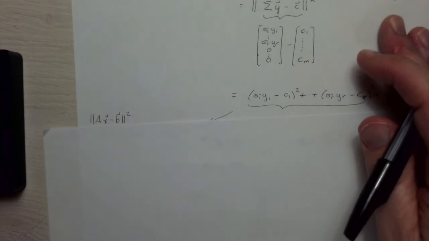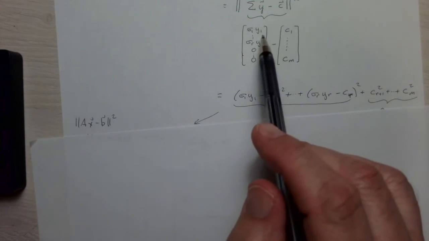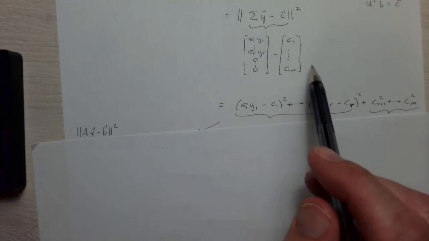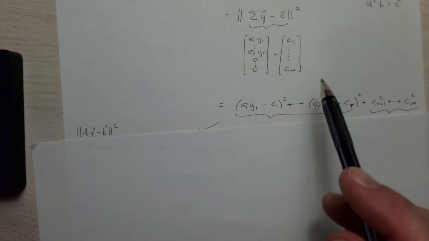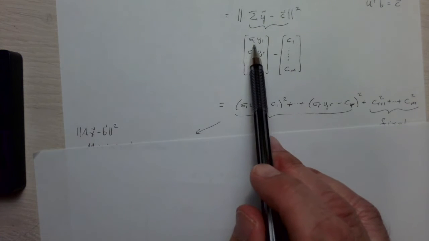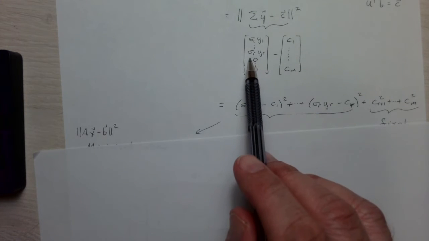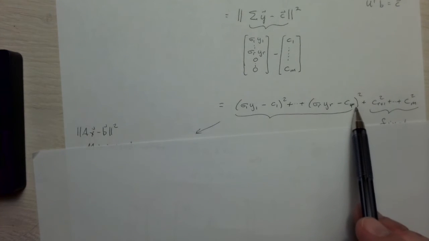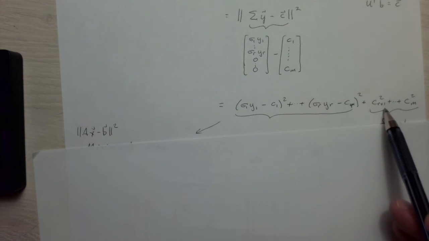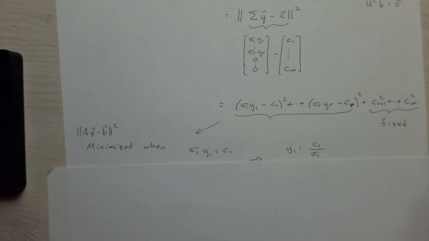So if we subtract these and take the square of the distance of the result, we get sigma 1 Y1 minus C1, squared, and all the way up to sigma R YR minus CR, squared. We add all this together, and then we just get 0 minus C(R+1), squared, that's just C(R+1) squared, so on, all the way to Cm squared.